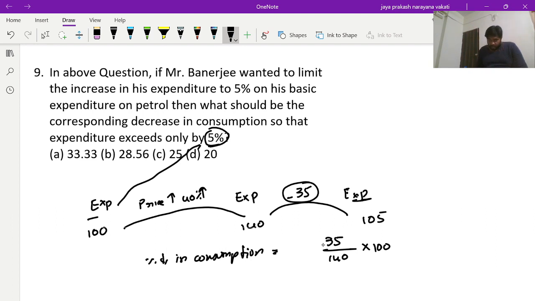It's clearly seen: 35 twos are 70, and 35 fours are 140. So 1 by 4 into 100 is 25 percent reduction in consumption. I hope you are understanding this problem. But if you are unable to understand this method, please let me know in the comments box so that I'll give you another idea on the way of explanation. So the answer for this question is 25%.